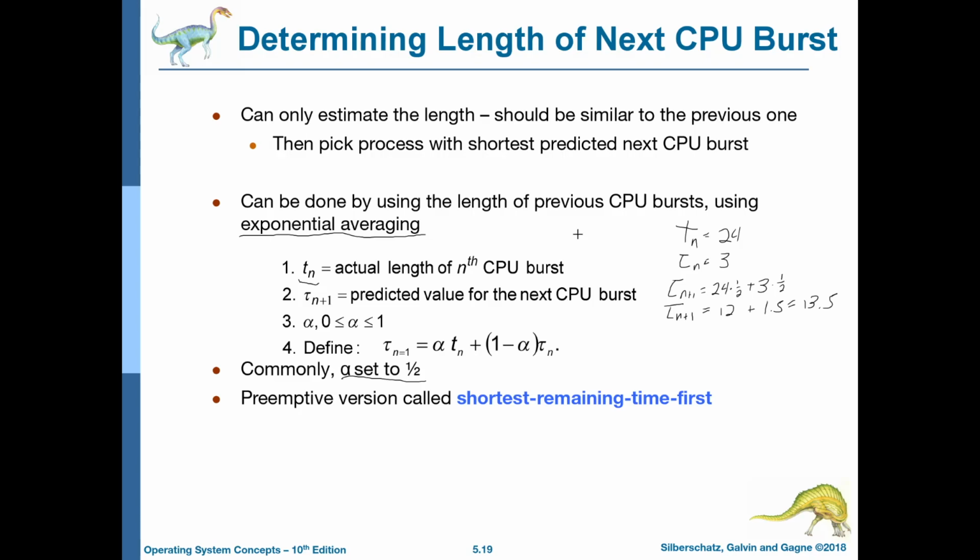Now remember that shortest job first is a non-preemptive algorithm. We will now talk about the next algorithm called shortest remaining time first, which is a preemptive version of shortest job first.